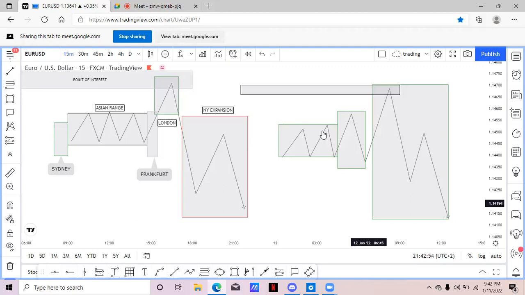Yes, we know that the London session manipulates the Asian session, but then how are we going to get our entry? Knowing that London manipulates the Asian session doesn't really give you a strategy. You have to check that London is manipulating the Asian session, and then what does it do thereafter?